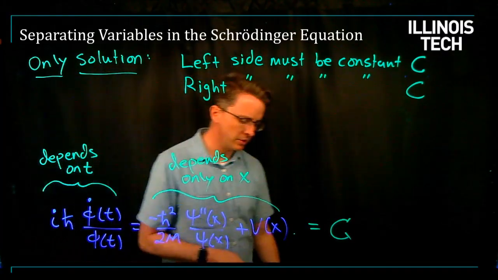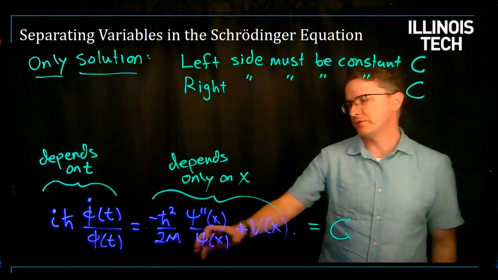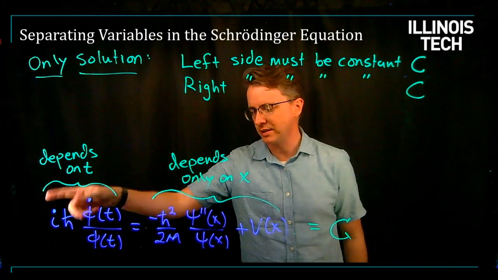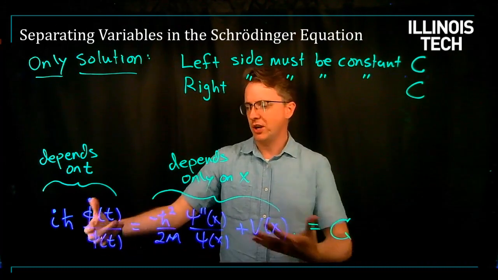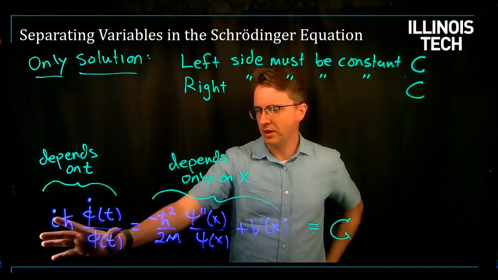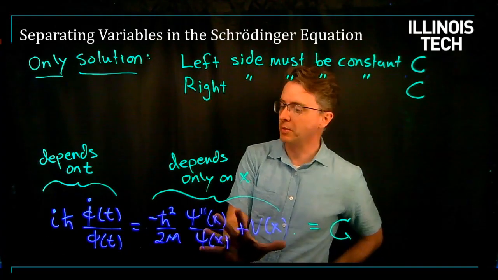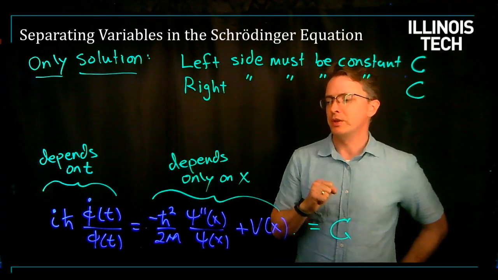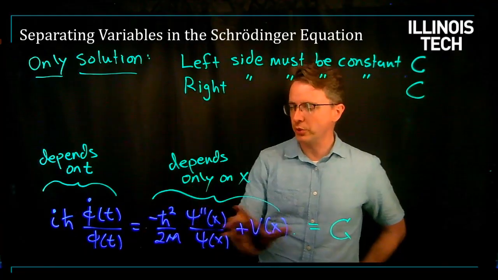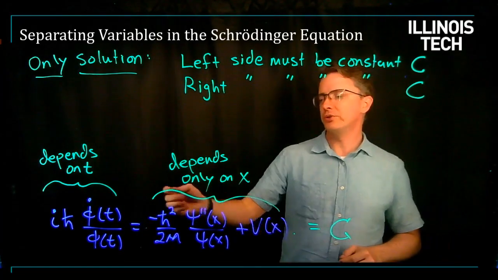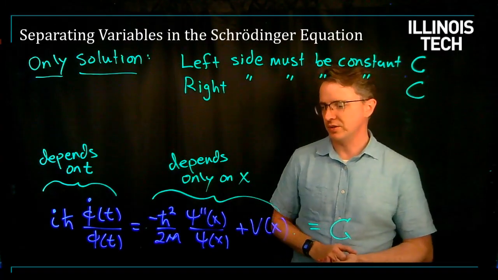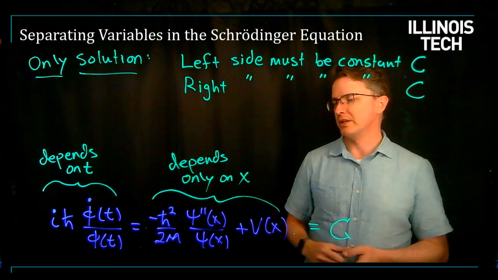This is called separation of variables. For obvious reasons, I got all of the t dependence on the left side, all of the x dependence on the right side. Anytime you have this situation where you have all the dependence on one variable on one side, all of the dependence on another variable on the other side of the equal sign, it must be the case that both of those sides are separately equal to a constant. We have actually reduced our partial differential equation into two ordinary differential equations.